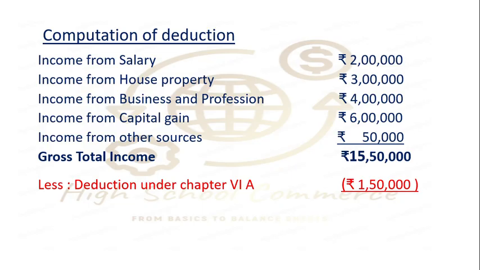Once 1,50,000 gets deducted, 14 lakhs is his total income. Now the assessee needs to calculate tax on 14 lakhs, not on 15,50,000. So here also the government allows us to take advantage of lower tax payment by reducing the gross total income in terms of the deduction.